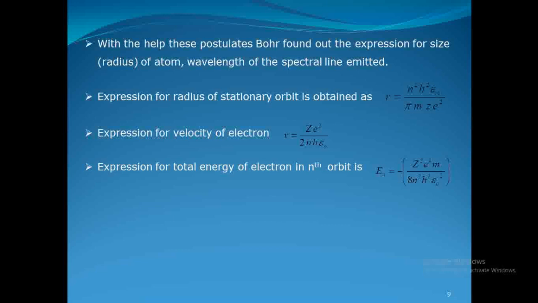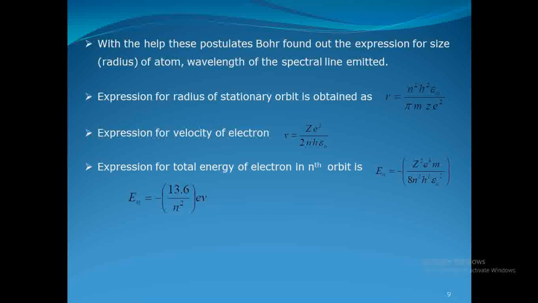If you need it for the hydrogen atom, directly substitute Z = 1, and you'll get the expression for the total energy of the electron in the hydrogen atom. This equation can also be simplified after substituting the values of Z, e, m, h and ε₀, and after converting from joule to electron volt, the expression finally becomes En = −13.6 / n² electron volt.